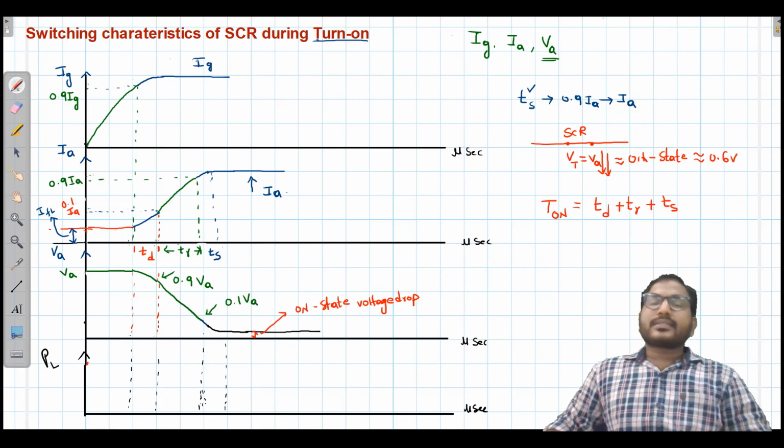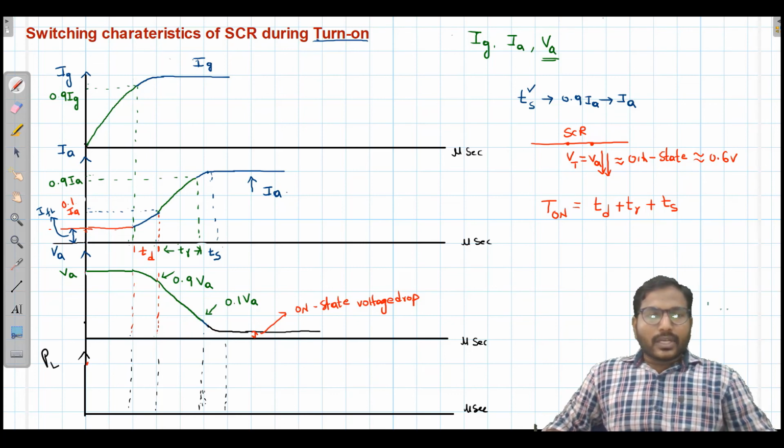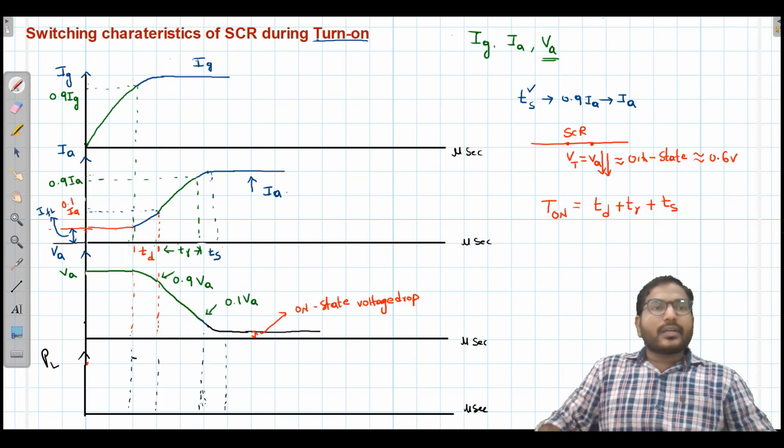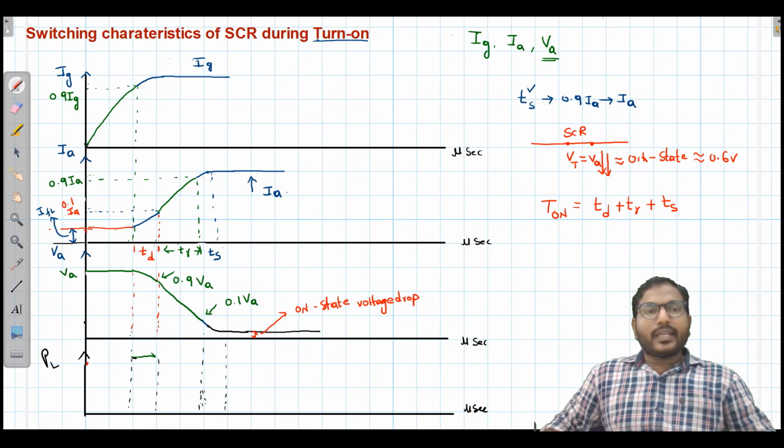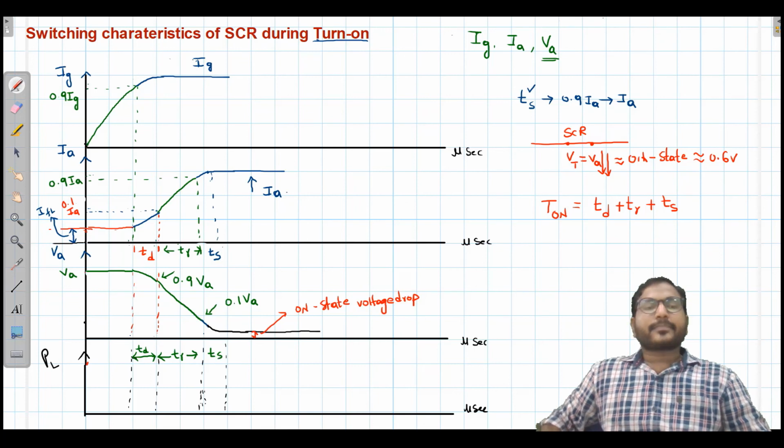when the thyristor is conducting from leakage current to its rated current, what about power losses during the turn on process? Here this time gap is TD. Now this one is TR, rising time. Now this one is TS.